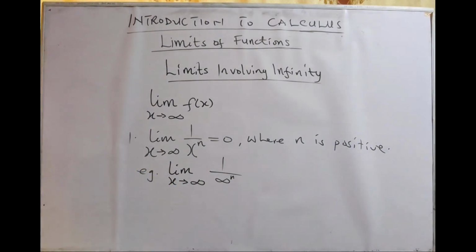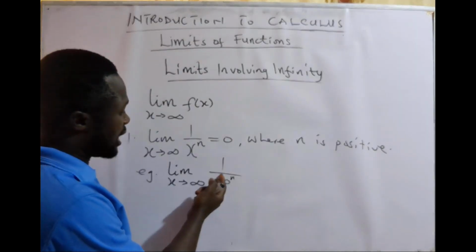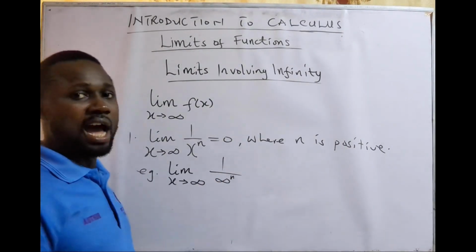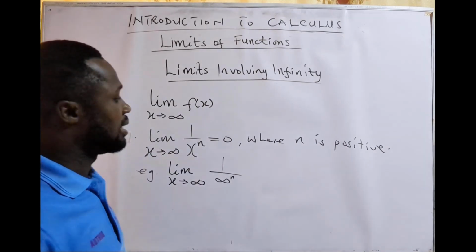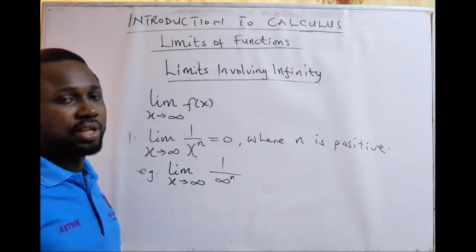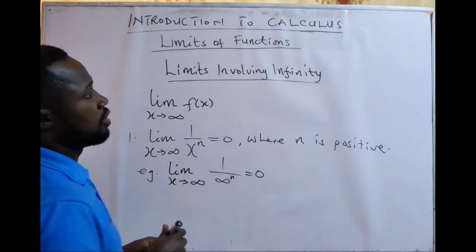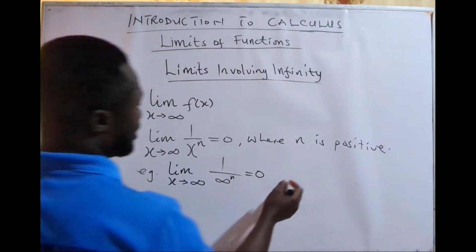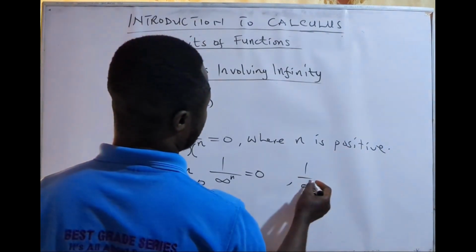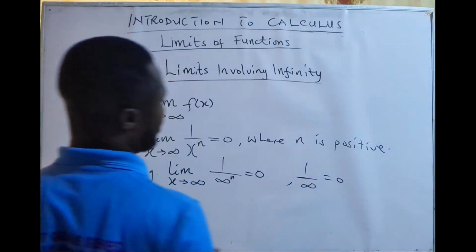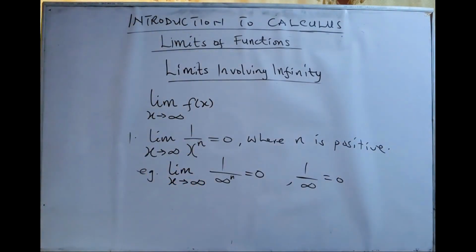Because the value here is infinity, a very large number, the function will be approaching 0. It is the same as 1 over infinity, which is equal to 0.